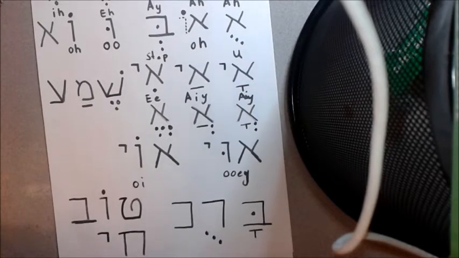Okay, so it will say chai. Chai is life. Etz chayim is the tree of life. We'll get into what etz is and why chayim is what it is. That's for a different day. Just know that the ch with the ah sound modified by the yud will say chai.